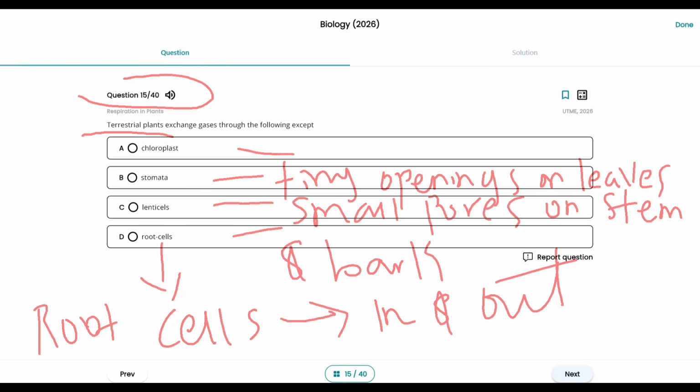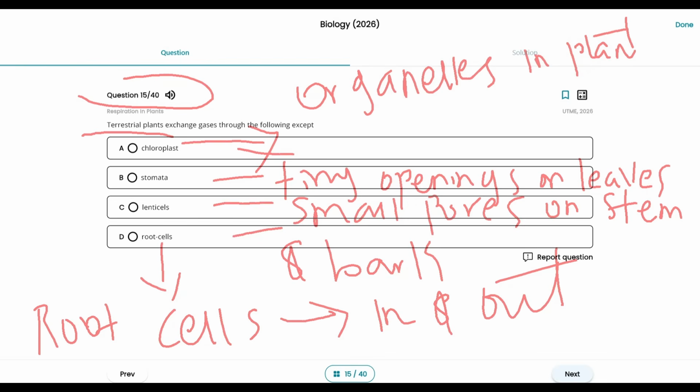Now, chloroplasts do not play a role in gas exchange. They are organelles in plant cells which are responsible for photosynthesis.